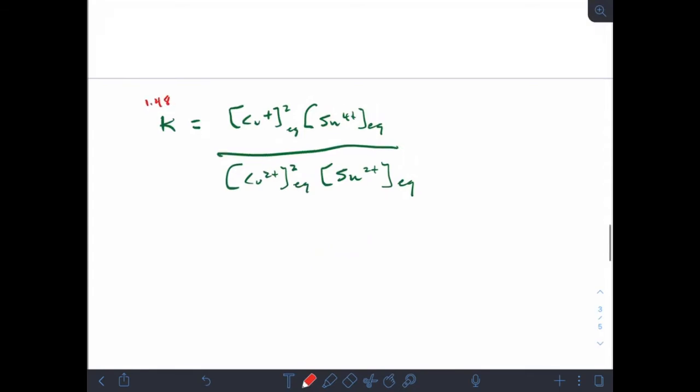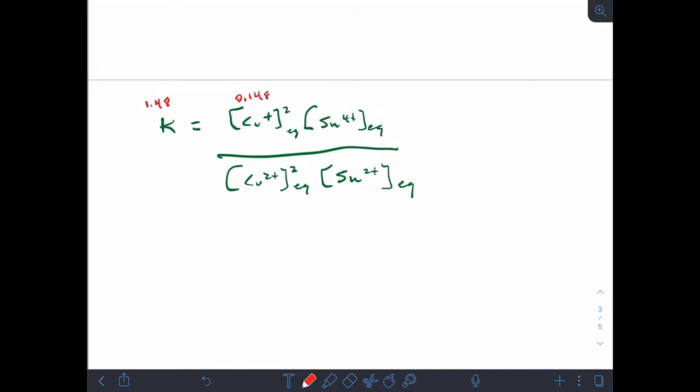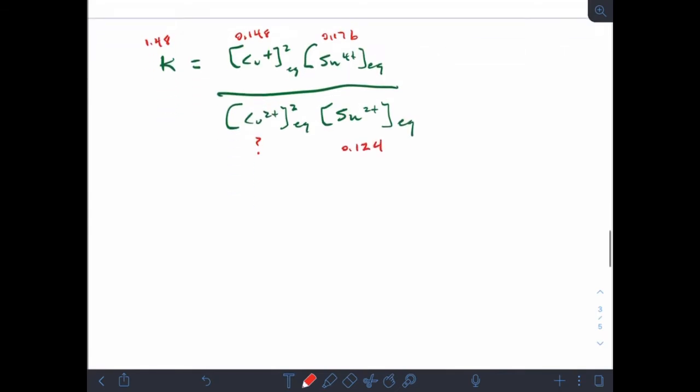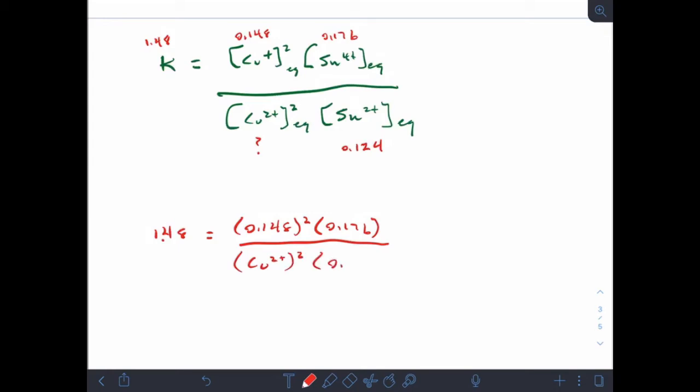We have 0.148 for this one, 0.176 here. We don't know this one, and we have the 0.124 for that one. So 1.48 equals 0.148 squared times 0.176 over the copper 2+ squared and 0.124.